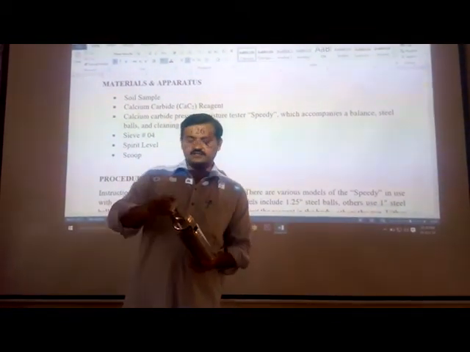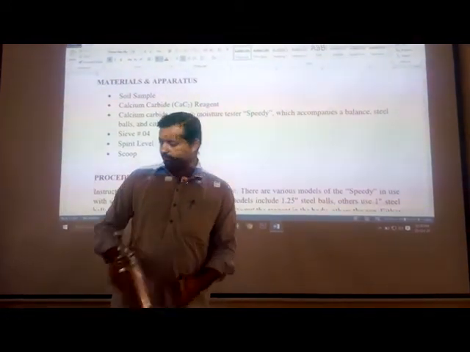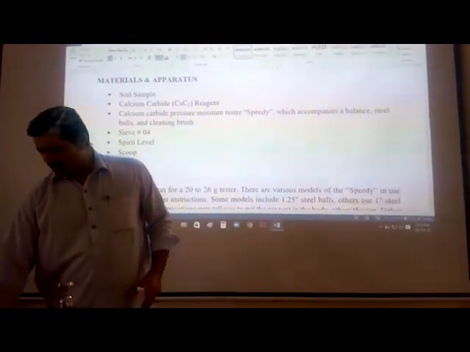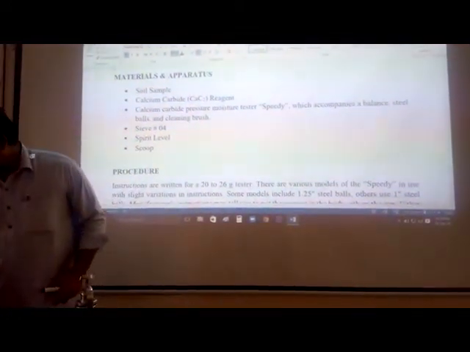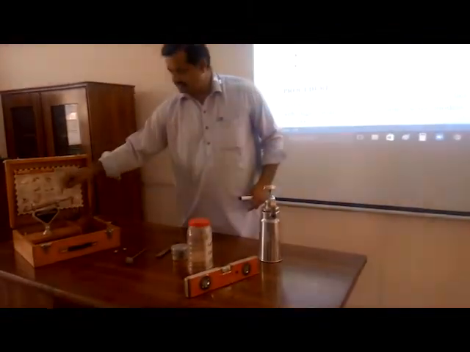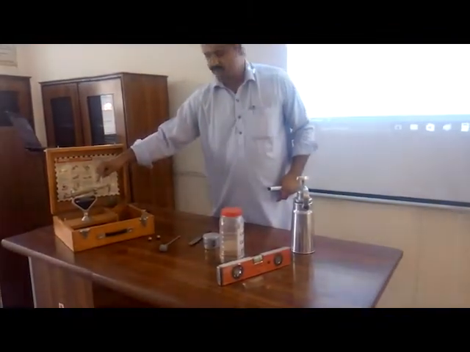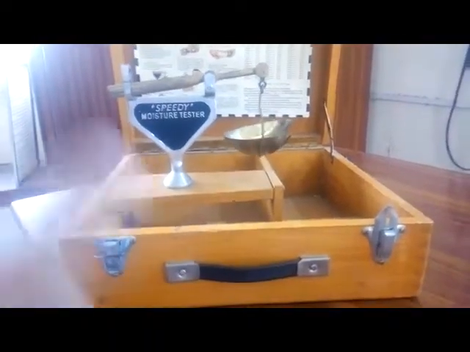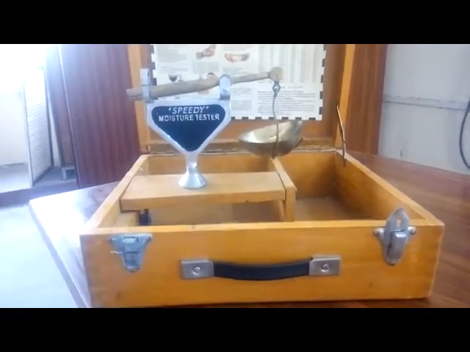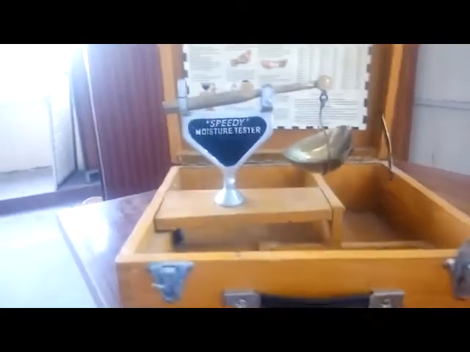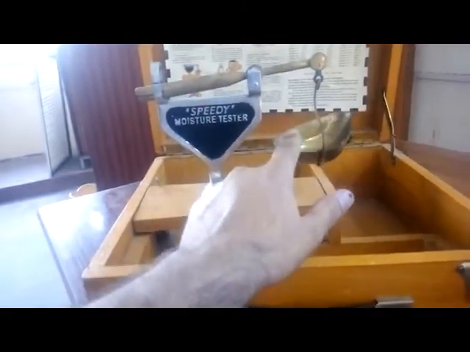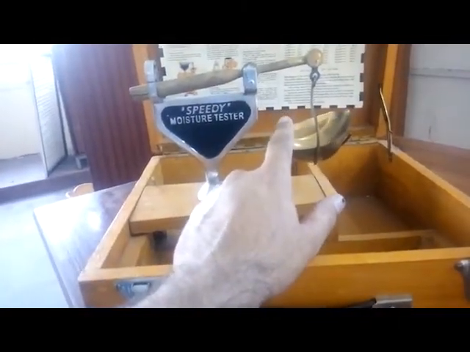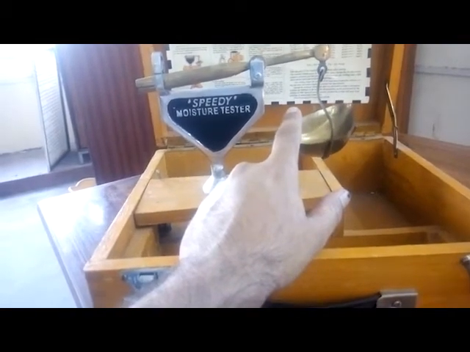Now guys, you can see this is known as a beam balance. In this pan we are basically putting the soil sample. When this line and that line are coincident like this, then we will take the soil sample from this pan and put it inside the speedy moisture tester.